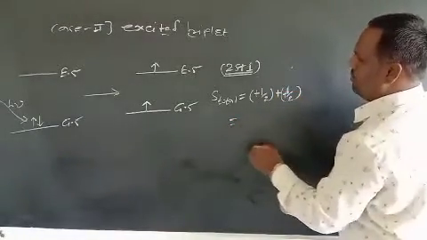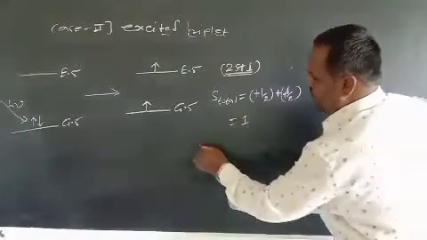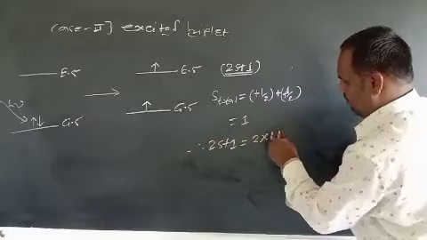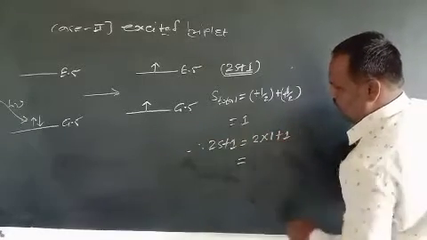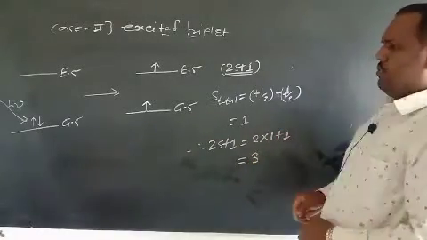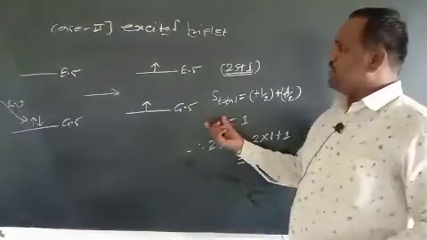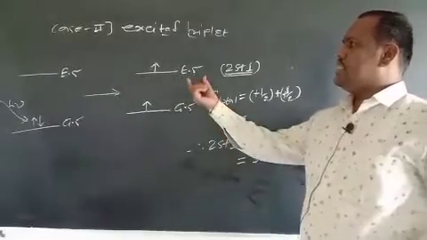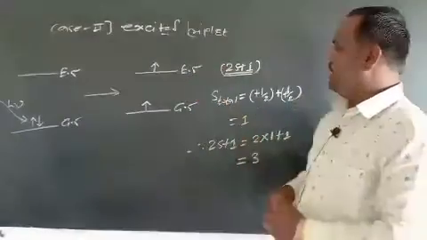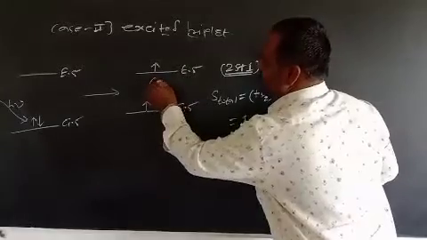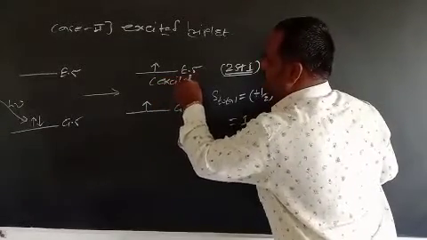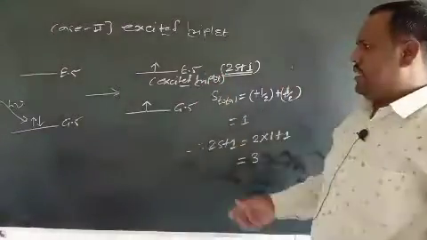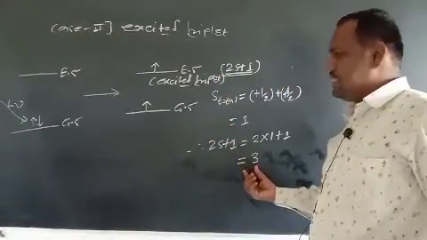So the total spin becomes 1, and therefore 2S plus 1 is equal to 2 into 1 plus 1. So here the 2S plus 1 value becomes 3. So we get a triplet, and therefore this excited state is considered as excited triplet, because its spin multiplicity is equal to 3.